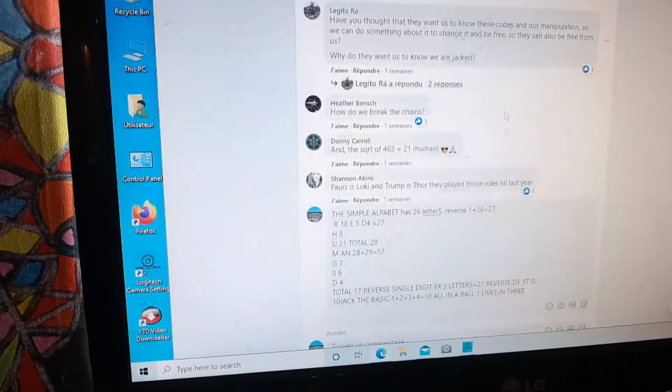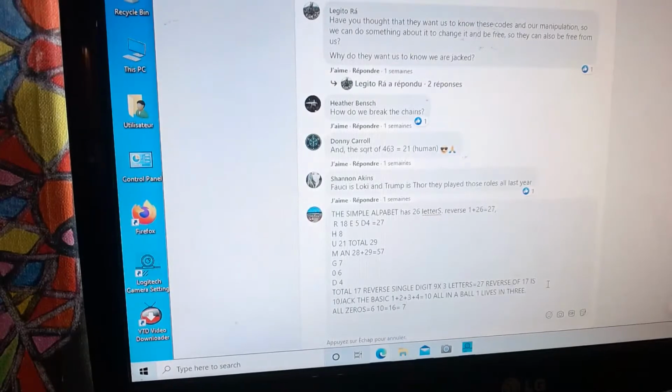Hold on a second. Because all zeros lives in 3. Now, period. All zeros equal 6. So 10 equals to 16 equals to 7. So this is how we switch around all the numbers because of the obligations that we have to make.